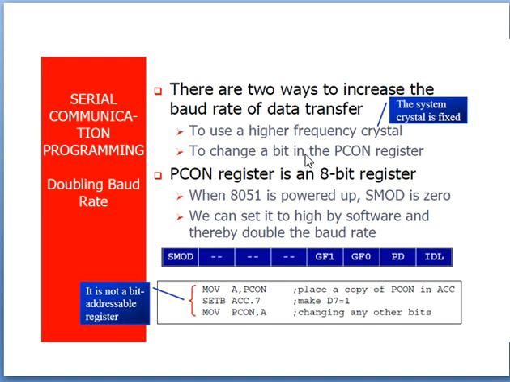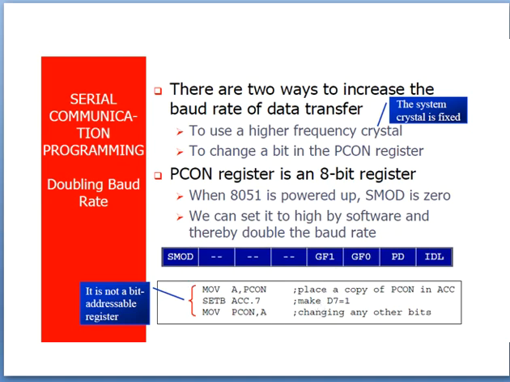The second method is to use the PCON register. The PCON register is an 8-bit register. When you are using it, SMOD is 1 at that time, and the baud rate will be doubled. So this is the PCON register which is mentioned.